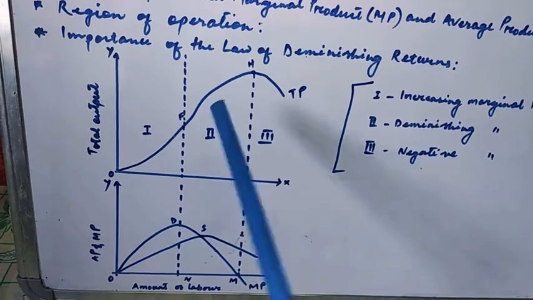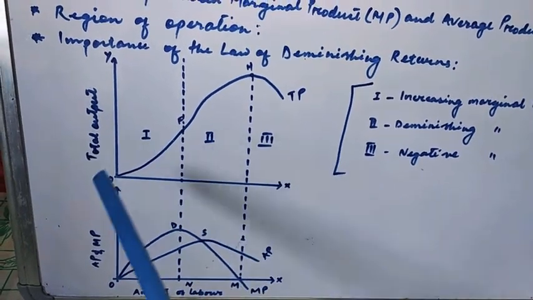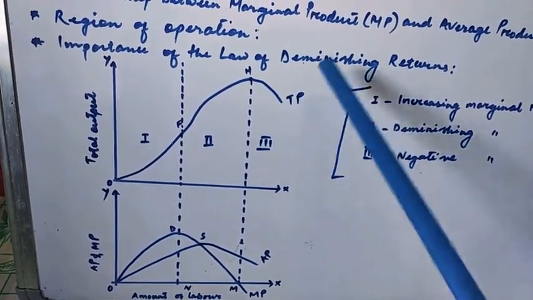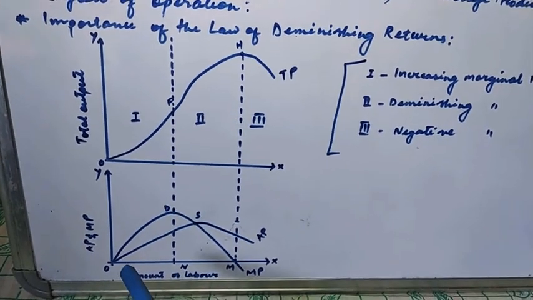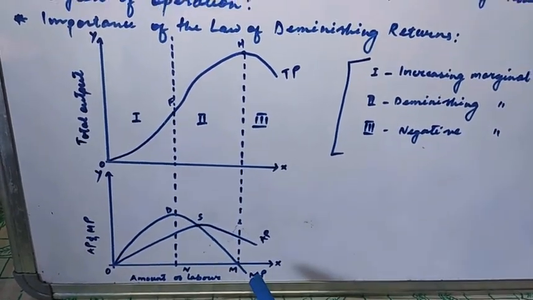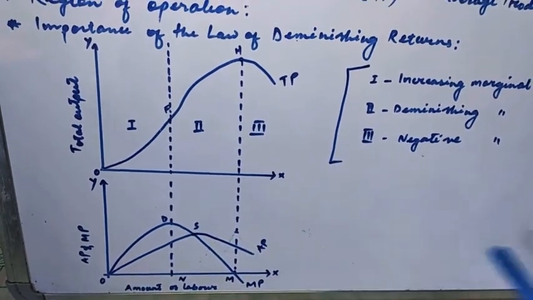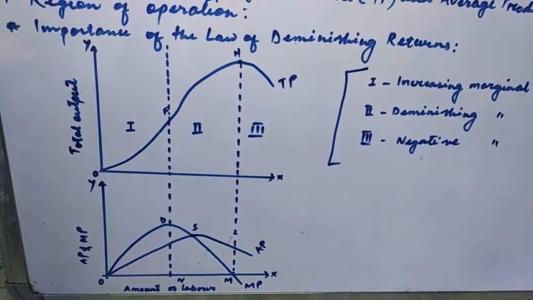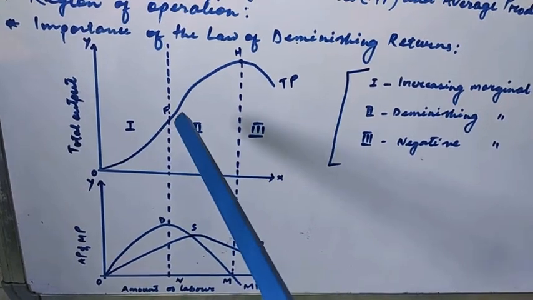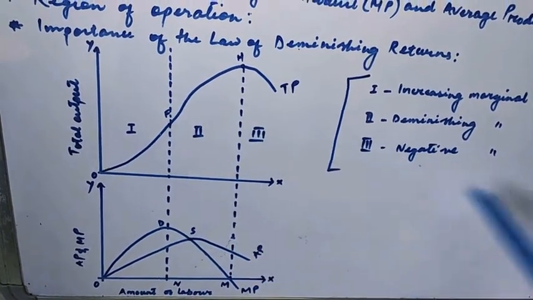So in the upper diagram, TP is the total product, and in the lower diagram MP is the marginal product and AP is the average product. So we have seen that this point F is the point of inflection.